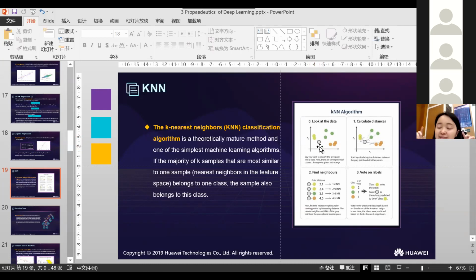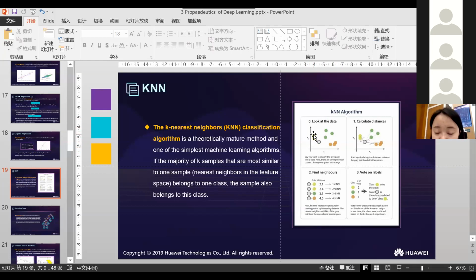So another example, if k here equals 6, a new sample comes and we will find the 6 nearest samples for this new sample.